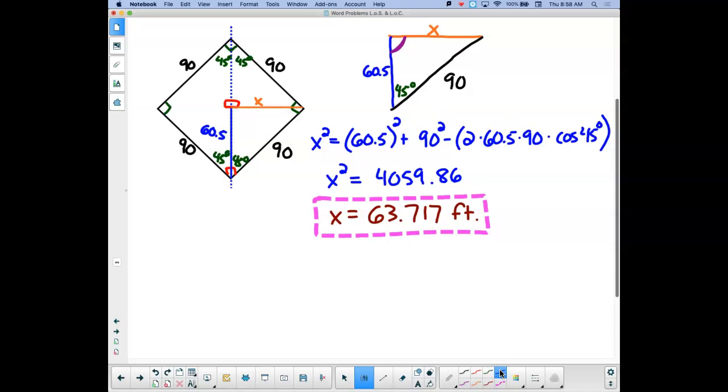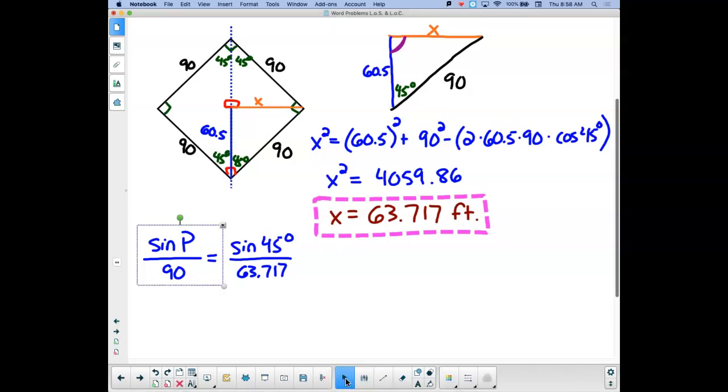Because then after that, we can use the law of sines. So if I go a little LOS here, I could say that the sine of angle P, I'm going to call it P because it's at the pitcher's rubber, over 90 is going to equal the sine of 45 degrees all over 63.717. Should have been in purple.